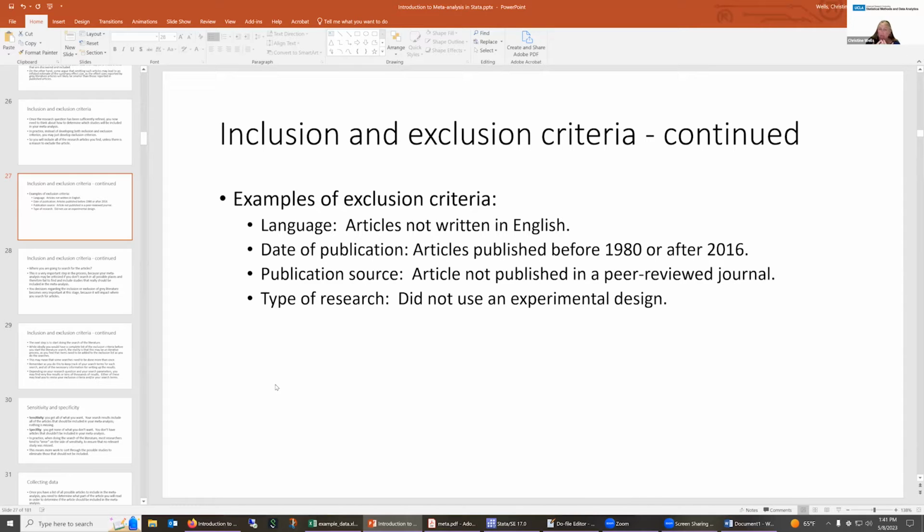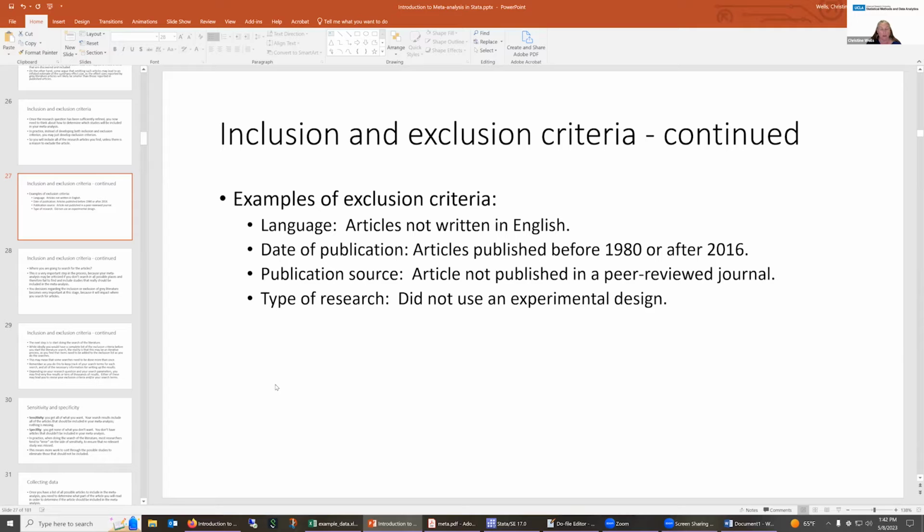At least the last two that I've done, we only used experimental designs. And in one case, it couldn't be anything other than an experimental design. But in other cases, like in social research, what we did was we excluded field studies and stuff like that. But this is the kind of thing that you're going to look at.